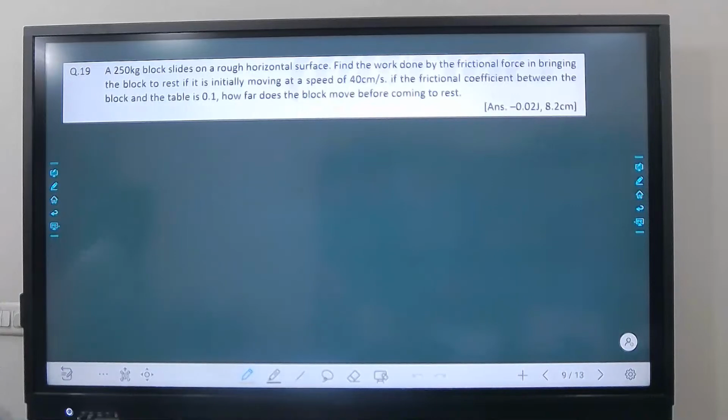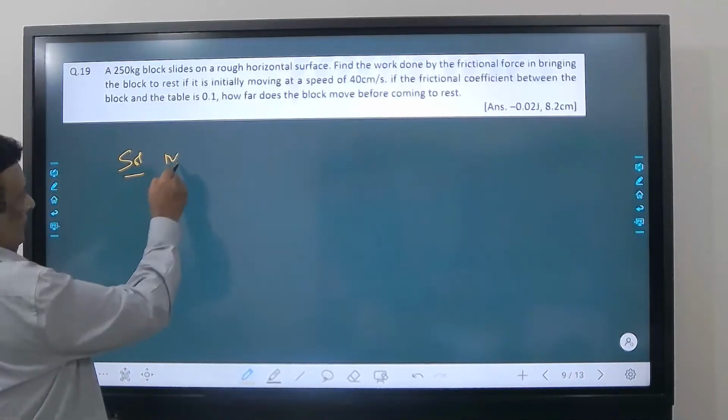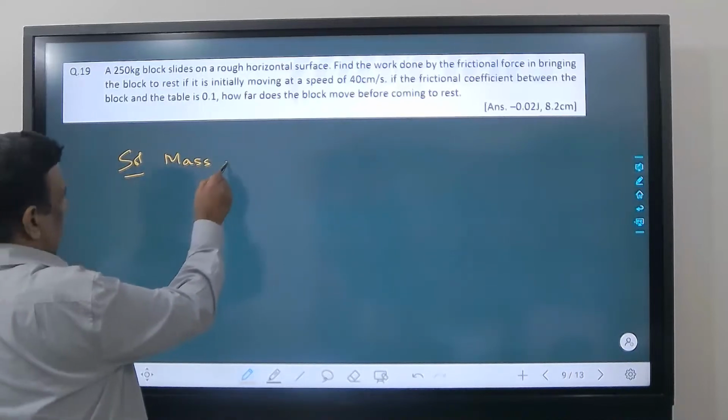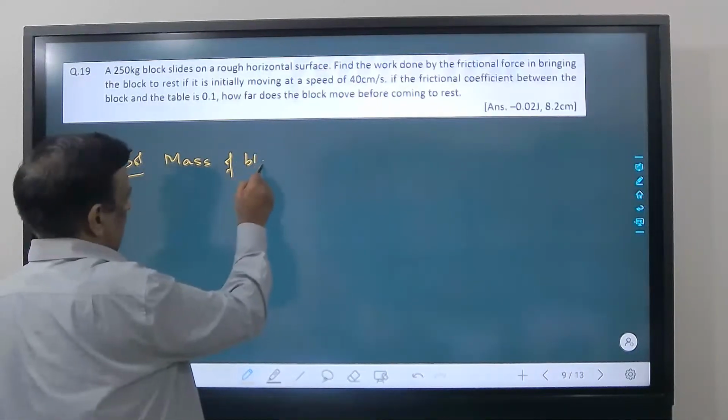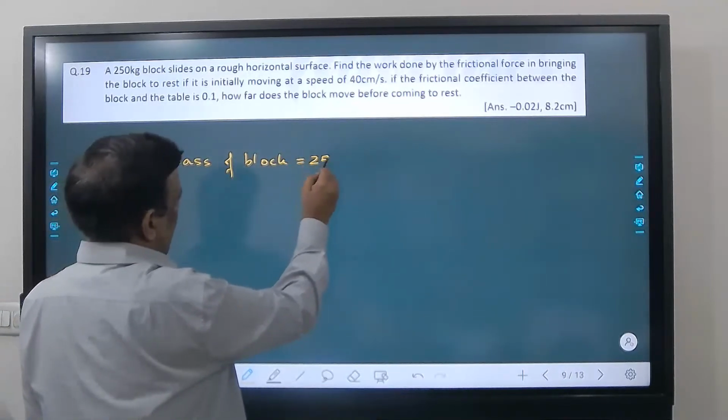250 kg block slides on a rough horizontal surface. Find the work done by frictional force in bringing the block to rest if it's initially moving with 40 centimeter per second. Frictional coefficient between the block and table is 0.1. How far does it move before it comes to rest? हमें जो data given. Mass of block is 250 kg.